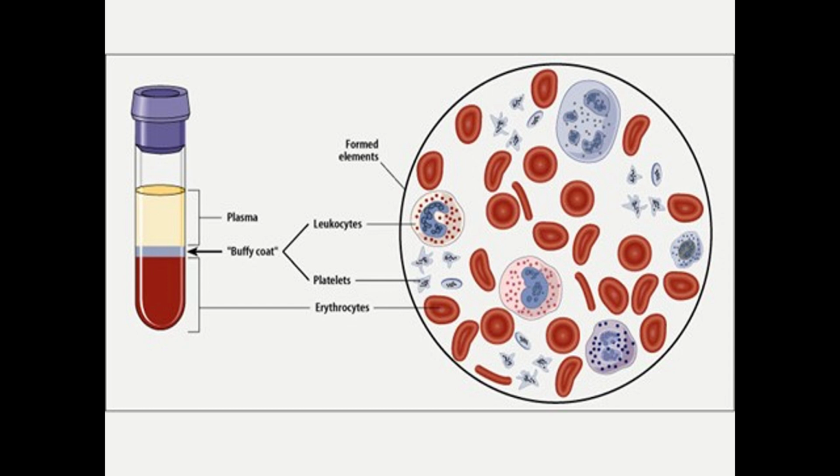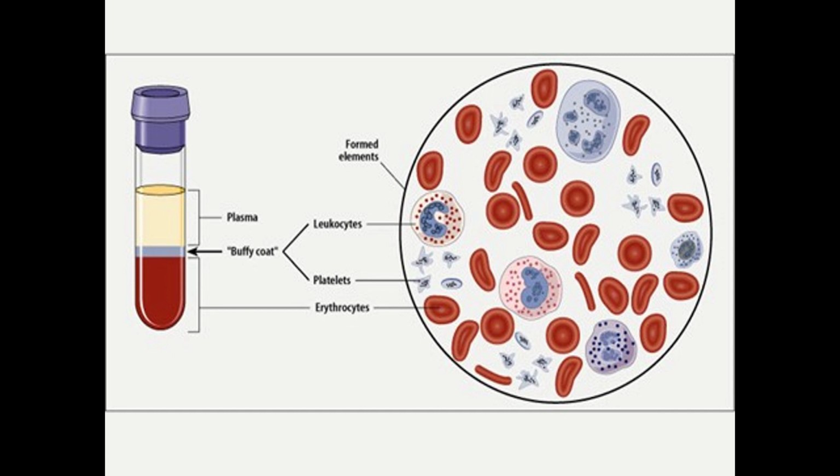So you leave the blood and you get whole blood. You get the blood which has a cellular component, erythrocytes, leukocytes, platelets, and then you get the plasma liquid portion on top. And serum, which is the fluid without the fibrinogen. So plasma has fibrinogen and serum is without fibrinogen.